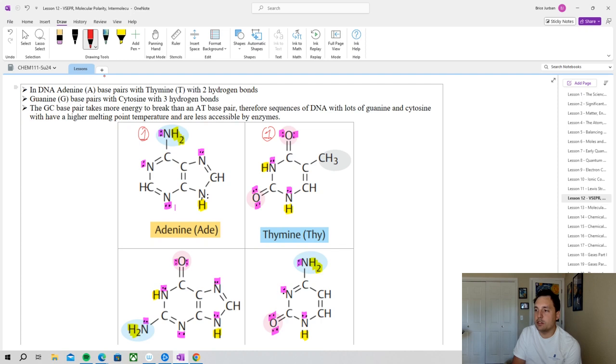And then if you think about this adenine being flipped, and this side pairing with this side over here, this nitrogen has an acceptor, and it will accept this hydrogen over here. And then that's the only ones that will pair up, because if we look at this carbon right here, this can't participate in hydrogen bonding. And then we have this nitrogen down here, which could potentially receive this hydrogen over here.